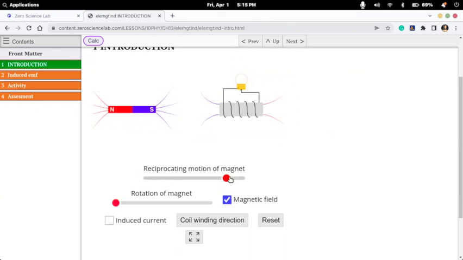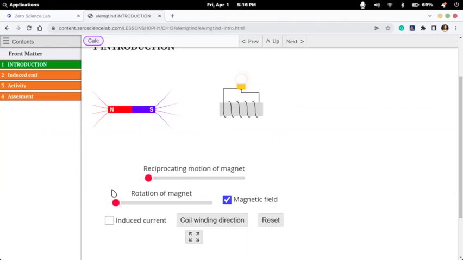Is there any electricity now? No, sir. So if I want to get electric current, what should I do? The magnet should keep on moving, right? Exactly. This is the principle.